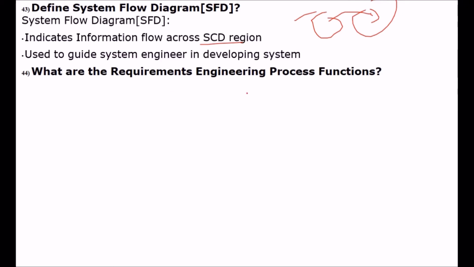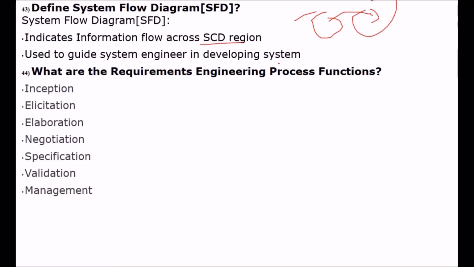What are the requirement engineering process functions? As per the definition in Pressman, requirement engineering is the set of processes which are applied right from the inception to the deployment. So we have inception, elicitation, elaboration, negotiation, specification, validation and management.